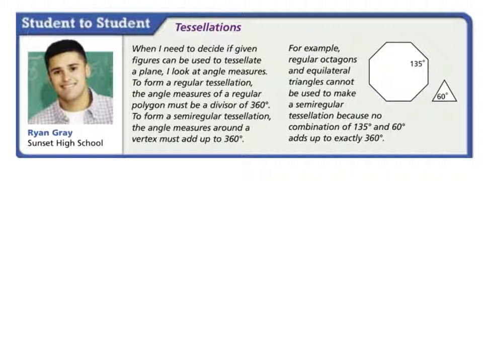For example, regular octagons and equilateral triangles cannot be used to make a semi-regular tessellation because no combination of 135 and 60 degrees would add up to exactly 360. So if you took both of these regular polygons, you cannot add those angles up in any way to give yourself a semi-regular tessellation.